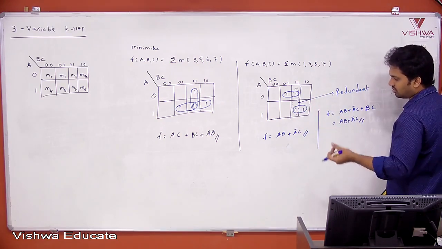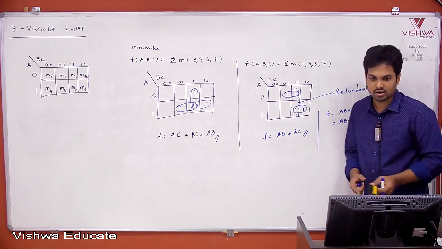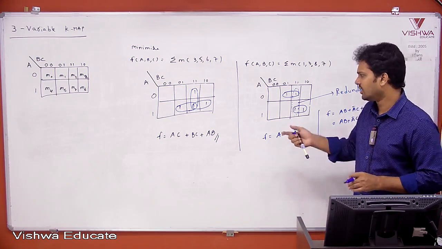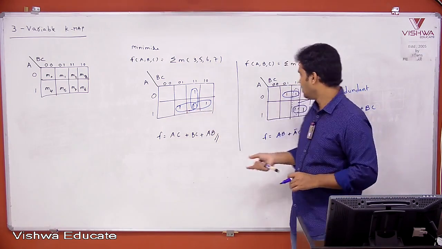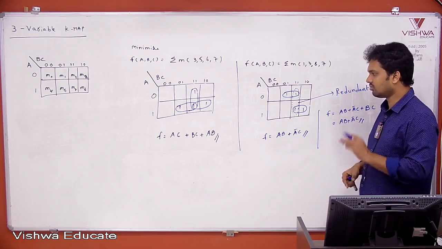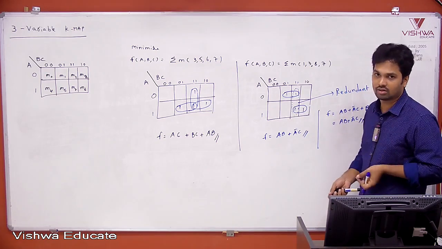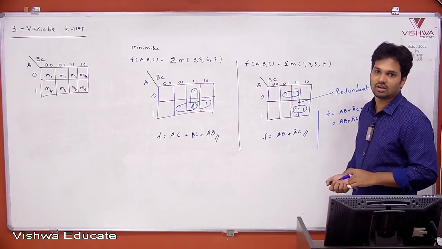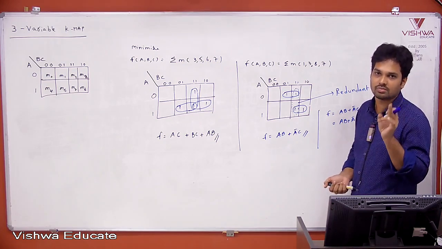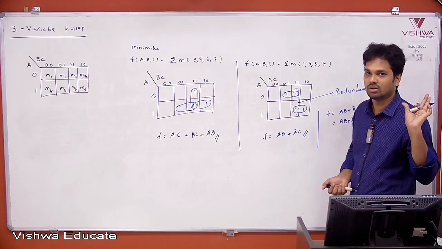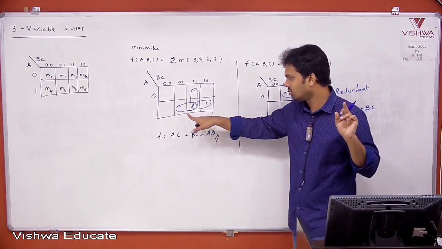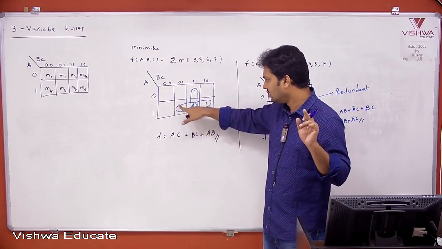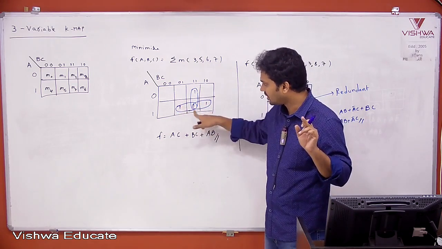Whenever you have a doubt, sir, whether I need to consider it or not, whether I need to consider a single term or pair, simple logic is: consider it, write the expression. Don't consider it, write the expression. Check the literal count, which one is minimized, that is your answer. If you have doubt, I don't want to take the pair, I take single terms, write the expression with single terms. With the pair, write the expression.